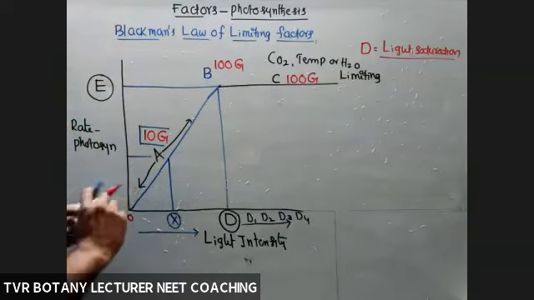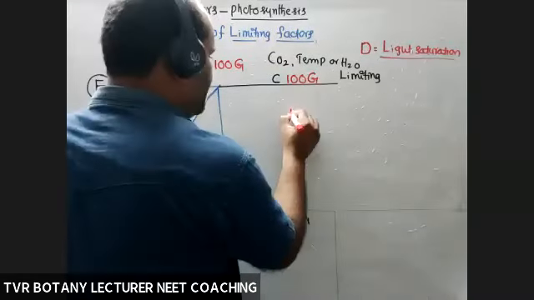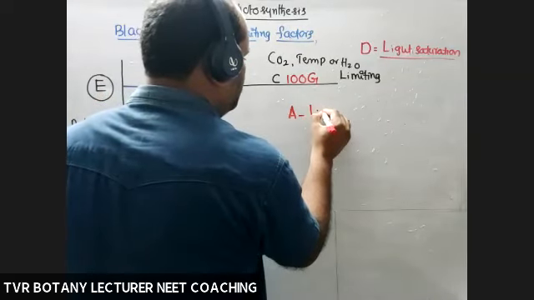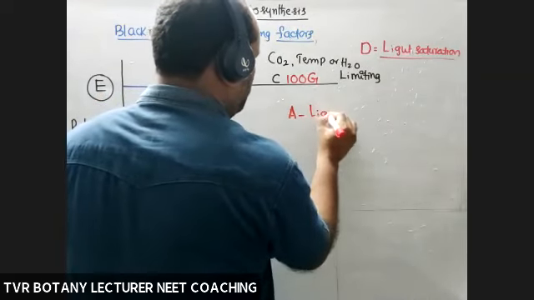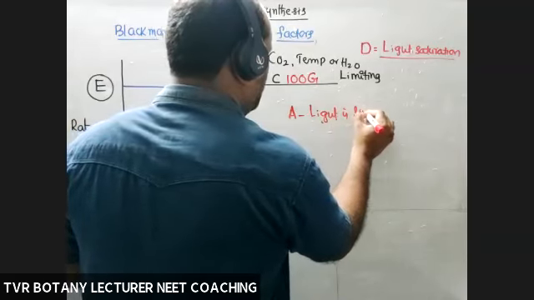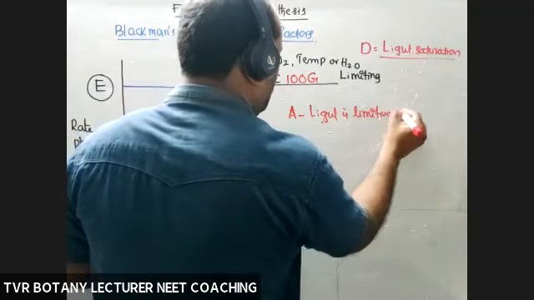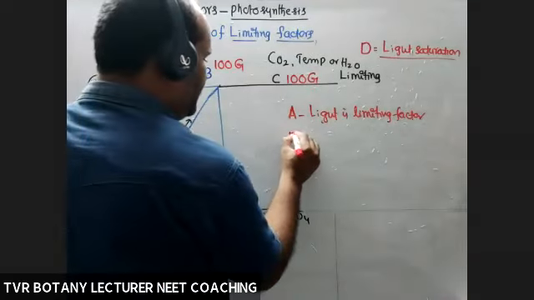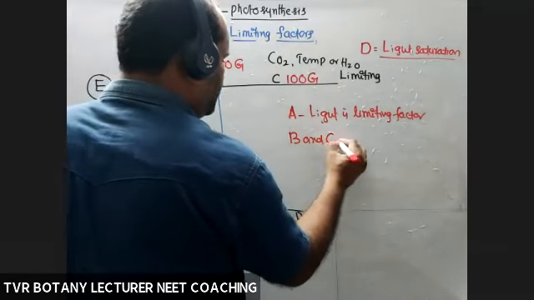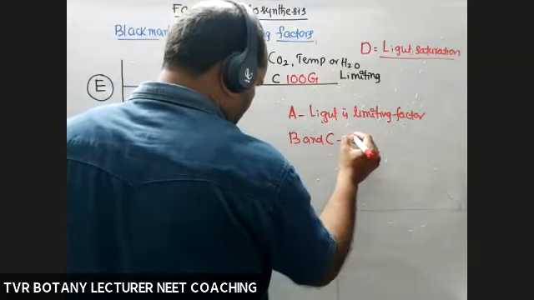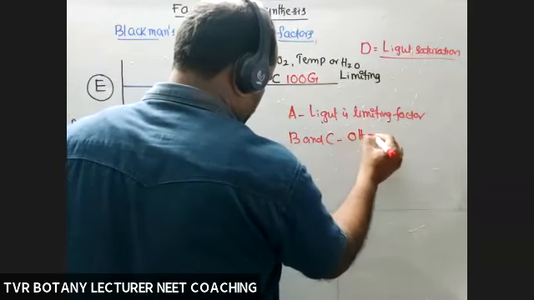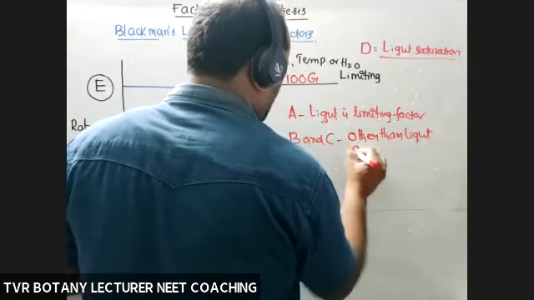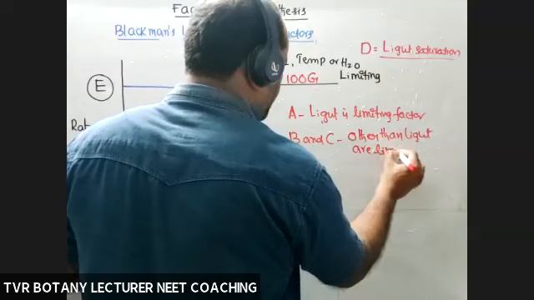Next, at A region, light is definitely a limiting factor. At B and C regions, other than light, other factors are limiting.